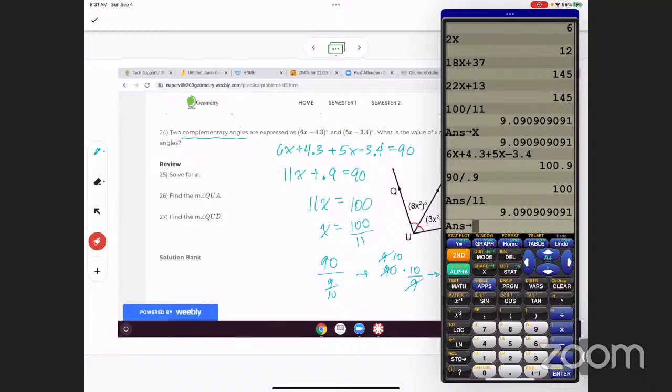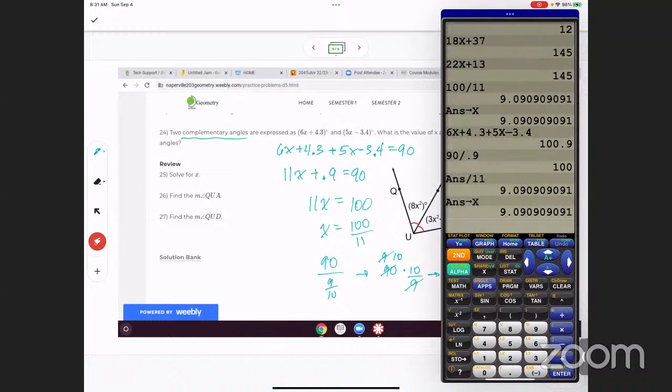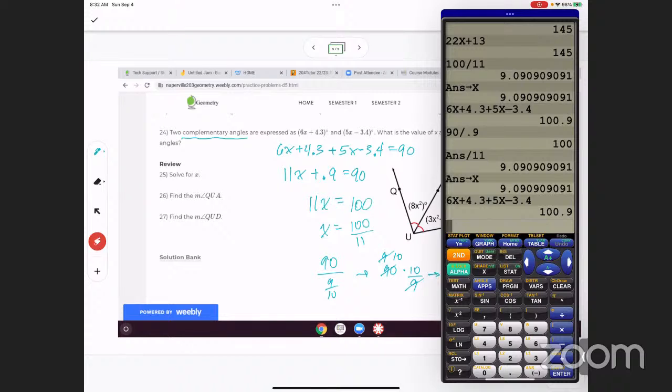I'm storing that for x, and then I'm typing in 6x plus 4.3 plus 5x minus 3.4.